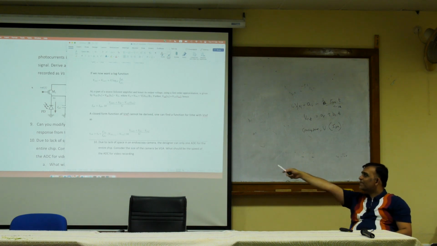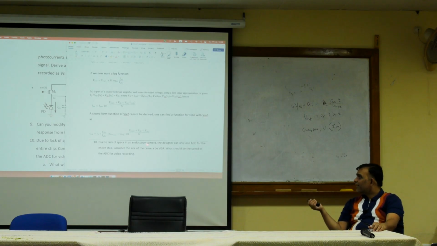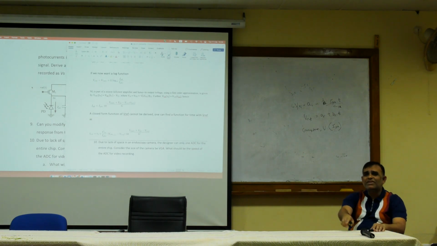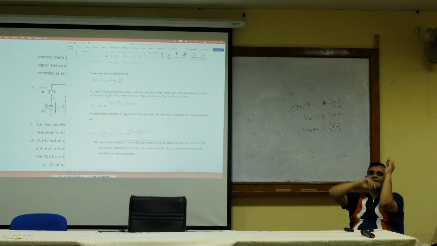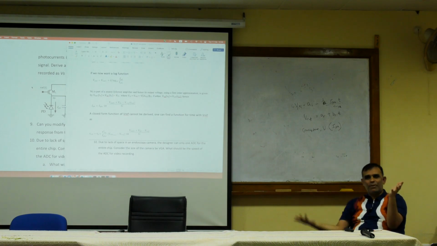But inverting this function is quite challenging. As you can see, we have Vref here and we have Vref also in 10 to the power. So inverting that function becomes very challenging. But that's not a problem, because essentially what you are saying is V is a function of time. I don't know that, but I know time as a function of voltage. I can still plot that value. Okay?